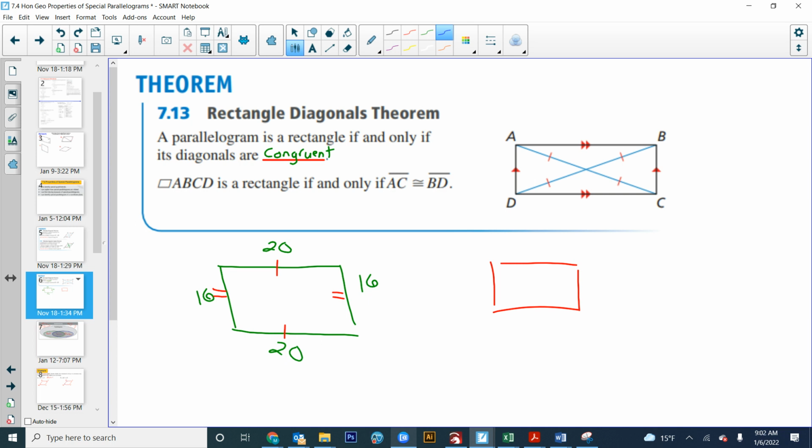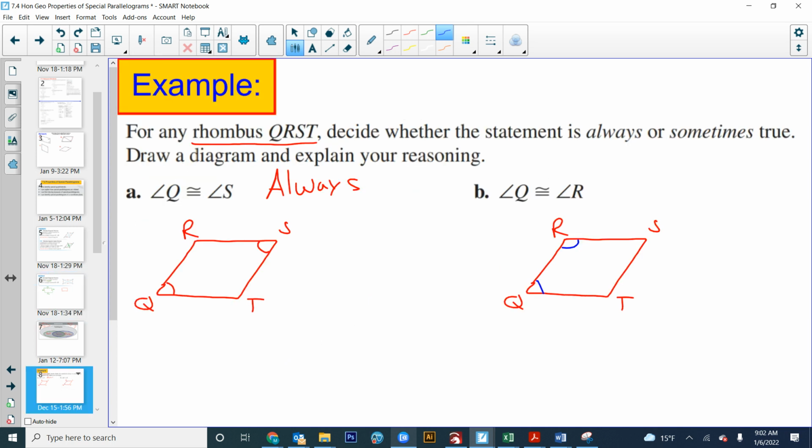You see up at the top, key ideas: a rectangle is a parallelogram with 4 right angles, which you already knew. So if these angles are both 90, then they would be supplementary, which they have to be since it's a parallelogram, and congruent. Do you agree? But is that always true? No, just sometimes, right?